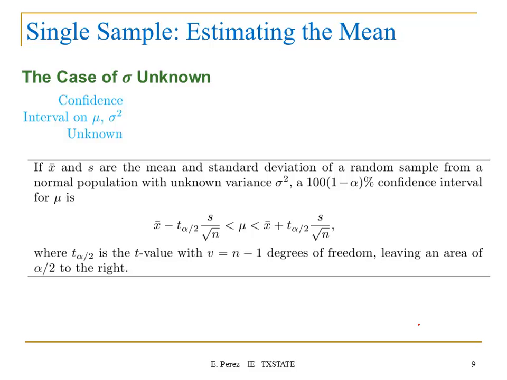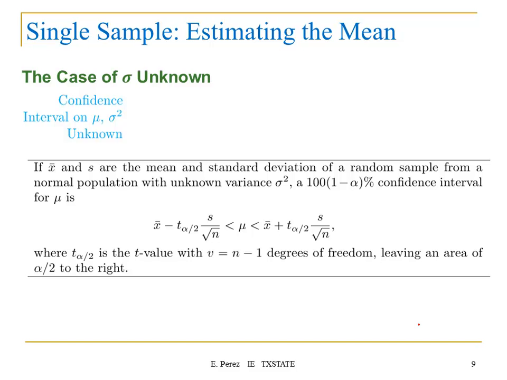So this is a new confidence interval again. When you use this confidence interval, you need to be sure of the case that you're looking at. For this one, we are constructing a confidence interval on the population mean, but we don't know the variance of the population.